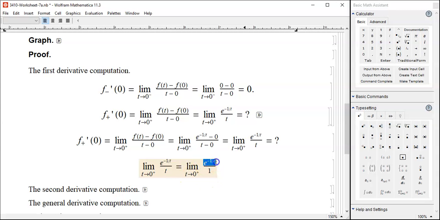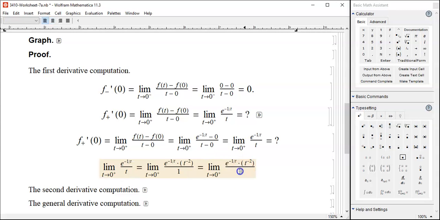How about the numerator? The exponential remains the same. So by the chain rule, we have to multiply by the derivative of the inside, right? So negative, and you have negative 1 power, so negative negative plus t to the negative second power. And that's the derivative computation here by chain rule. Let's simplify. What do you get? You get this t squared down there, and then we have the exponential.